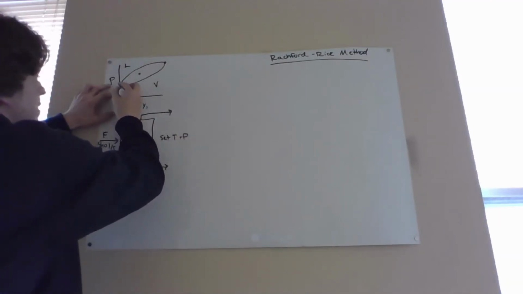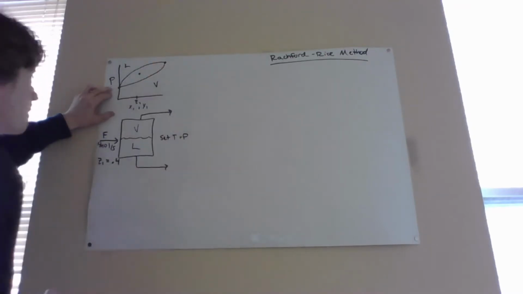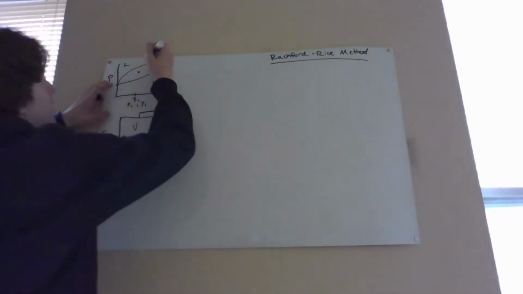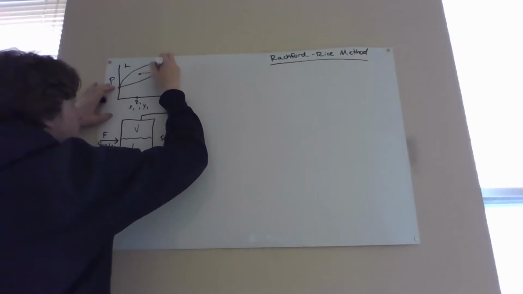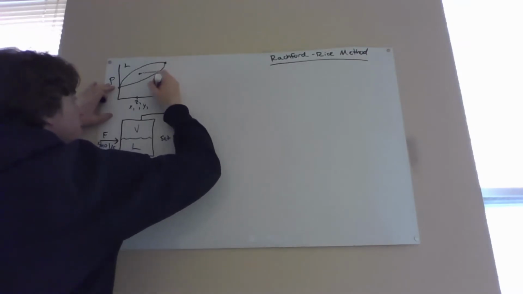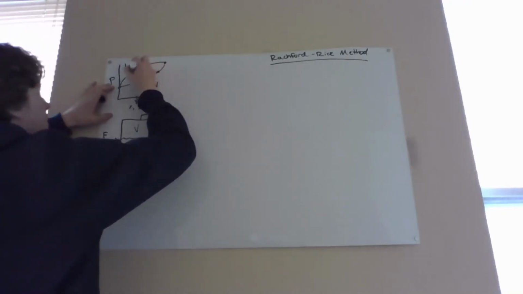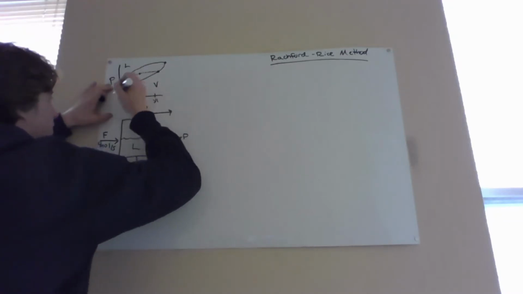This is the dew point line, and this is the bubble point line. If we go straight over in our graph, on the right side will be our moles in the vapor phase, and on the left side will be our moles in the liquid phase.